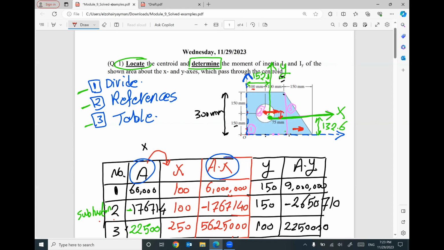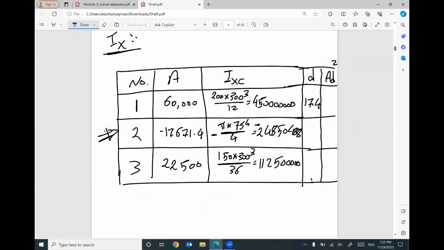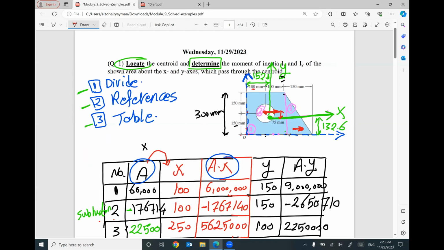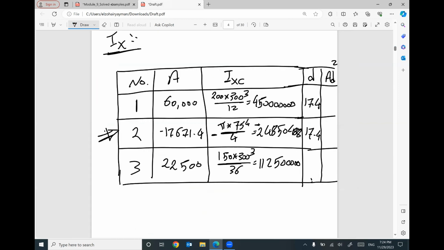The second area for the circle will be the same, 17.4. For the third area, this x-axis for the centroid of this right angle triangle has vertical distance equal to 100, I'm sorry, 1/3 of 300, which is 100. And this vertical distance is 132.6. So the difference here, this distance, will be 32.6.